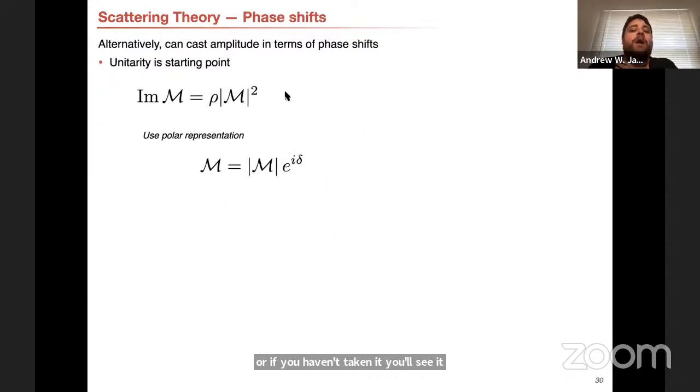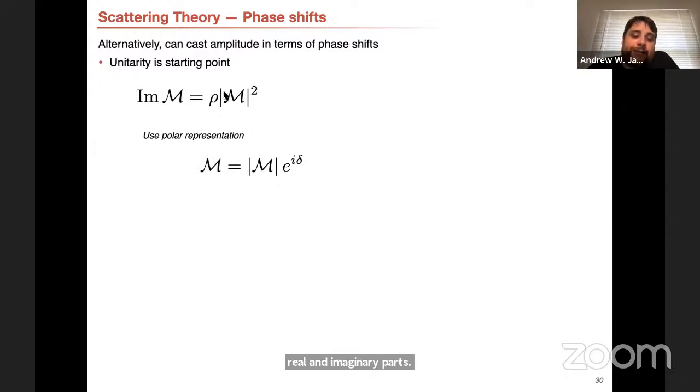So with unitarity as a starting point, we can derive a phase shift representation of the scattering amplitude, where we use the polar representation of the scattering amplitude. So remember, with complex numbers, there's this Cartesian representation, x plus iy. There's also this polar representation, some radial part and some phase part. So here, M in general needs two real numbers, this phase delta and this radial part, which is just the magnitude of the scattering amplitude. Unitarity fixes the imaginary part to be related to the real and imaginary parts.